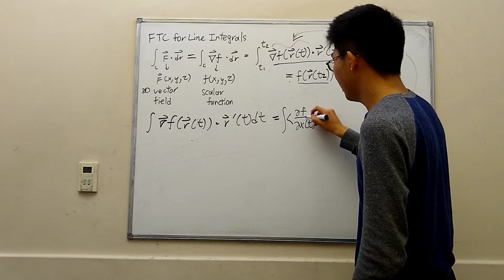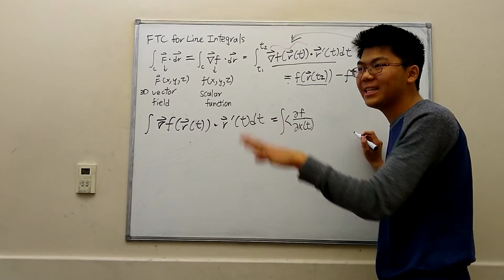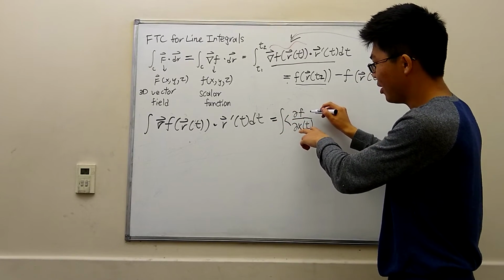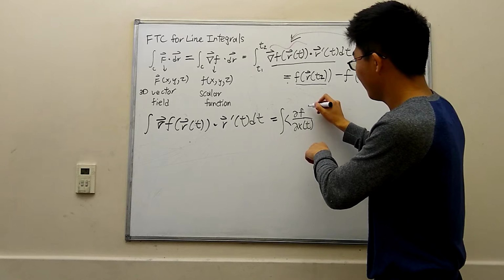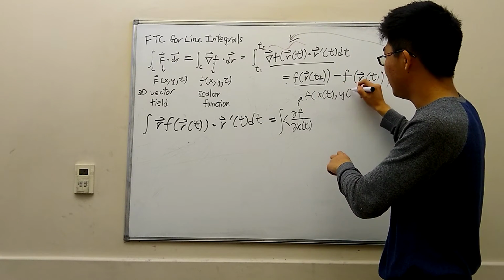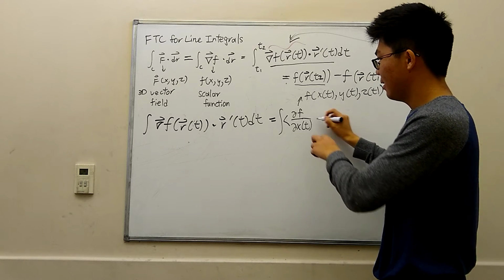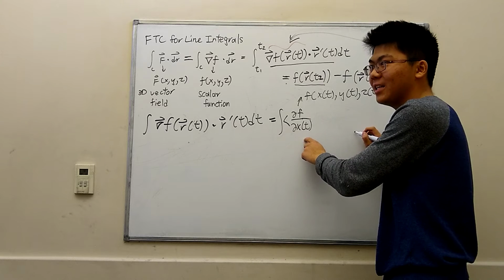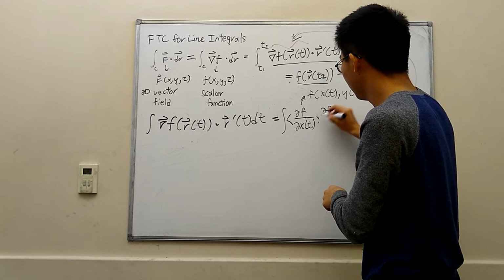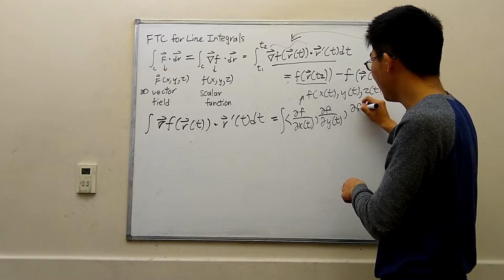But here, remember that we parameterized our x on that curve. So x can't be anywhere. We're only focusing on that curve. That means we're taking the partial of f. And here our f is of x of t, y of t, and z of t. We're taking it with respect to x, but our x is parameterized by t. Next, we do the same thing for y of t and for z of t.